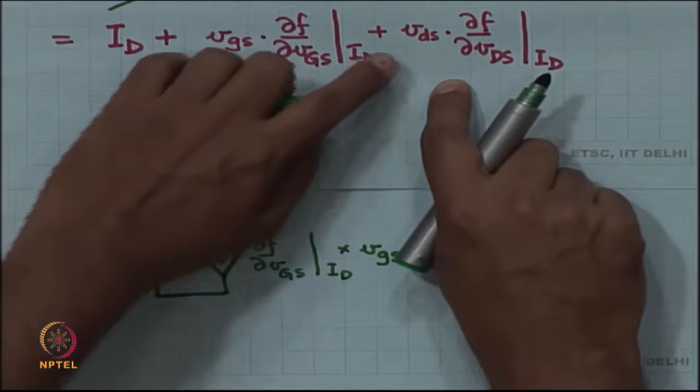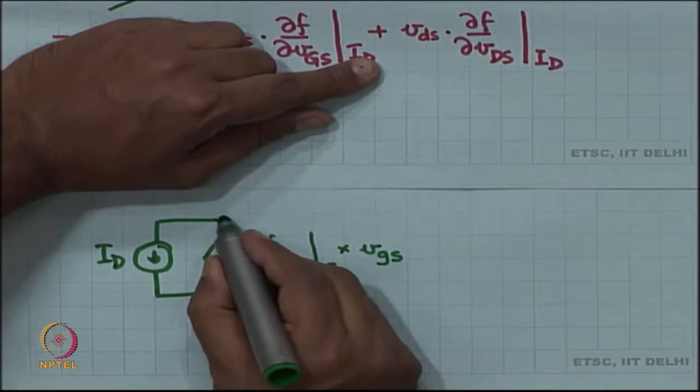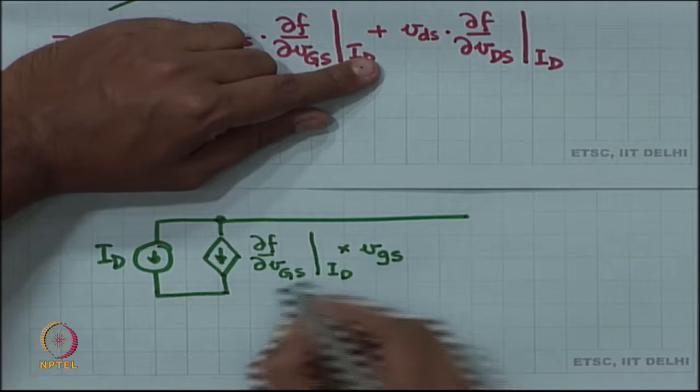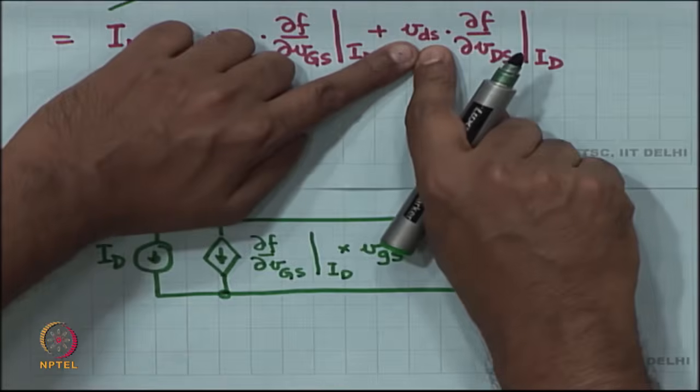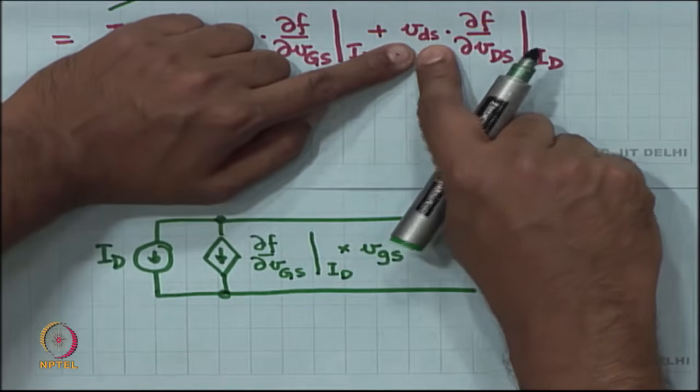And then in addition to that, I need some more current that is proportional to VDS.